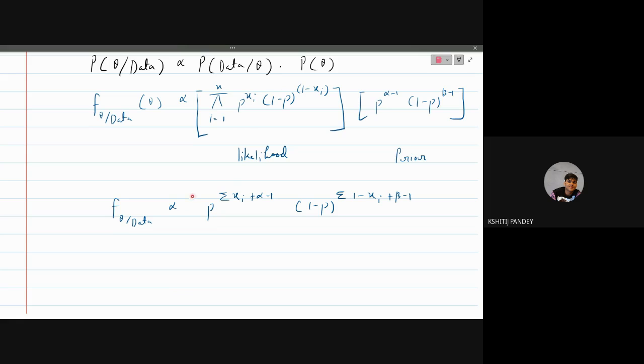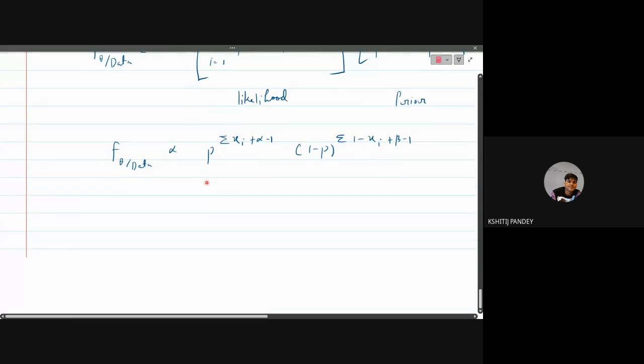Well, this is of the same functional form, right? This is also a beta distribution. So same functional form as your prior.